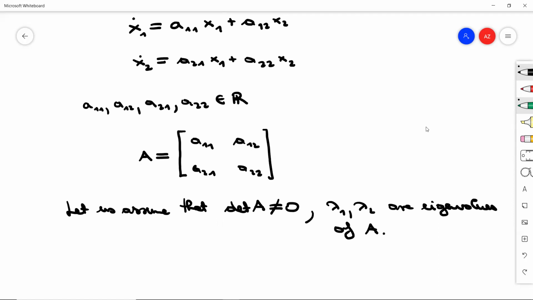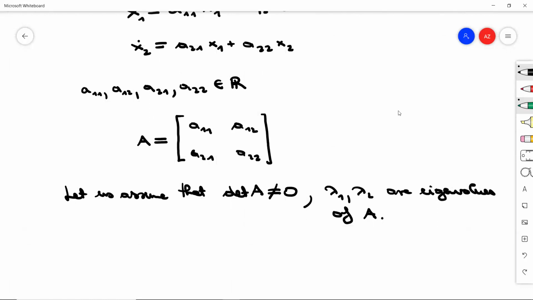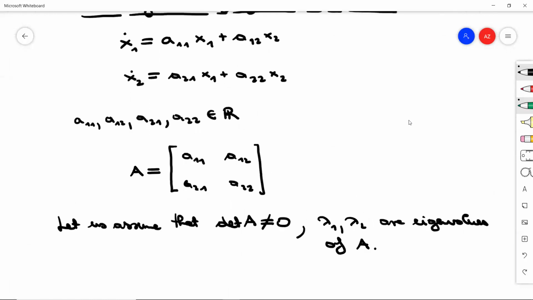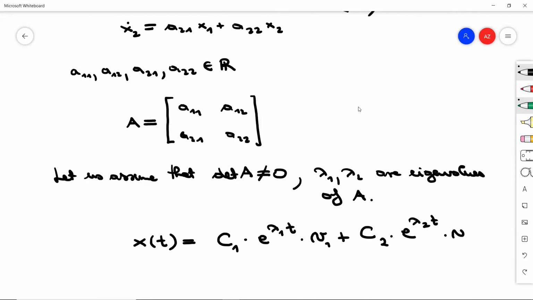So from last time, we know that the solution to this system, which I will write for future reference with a star, is a linear combination of this form. x(t) is equal to some constant C1 times e to the power of lambda 1 t times eigenvector V1 plus C2 times e to the power of lambda 2 t times V2.